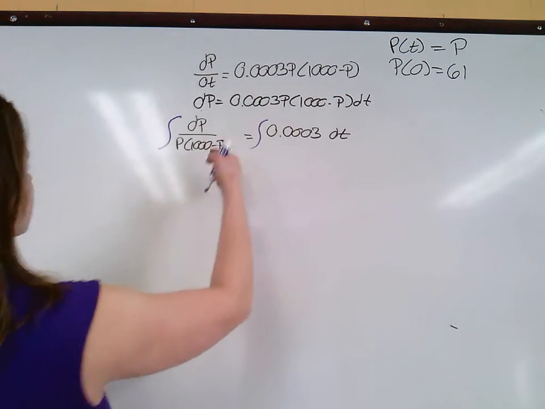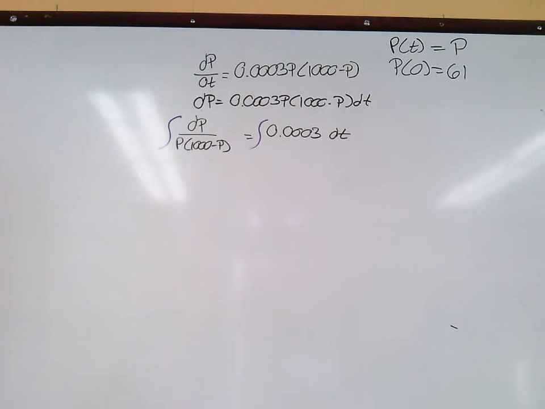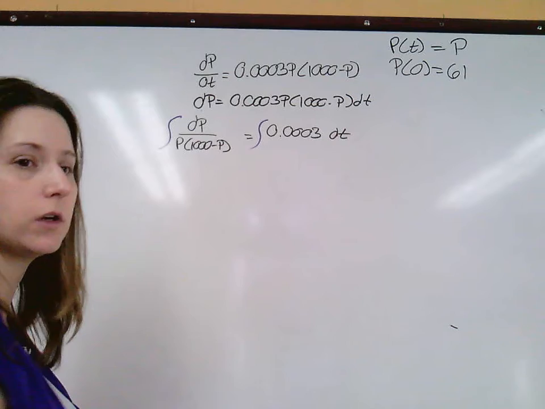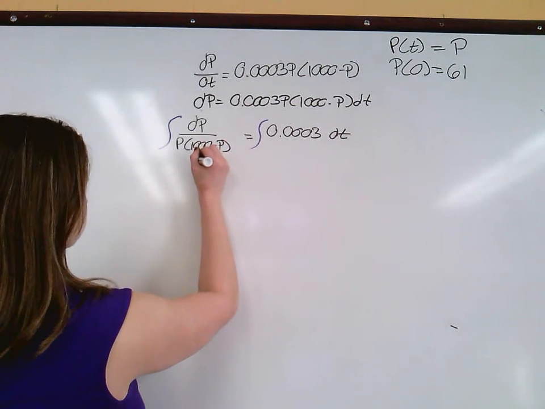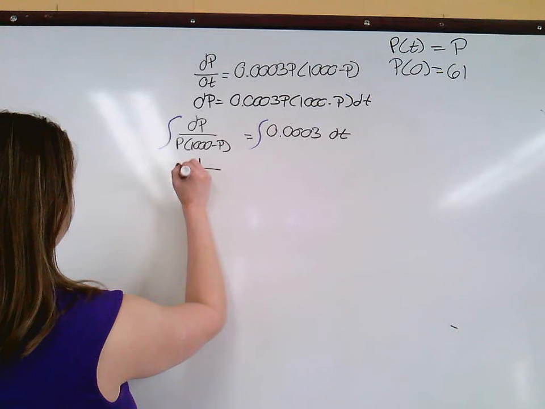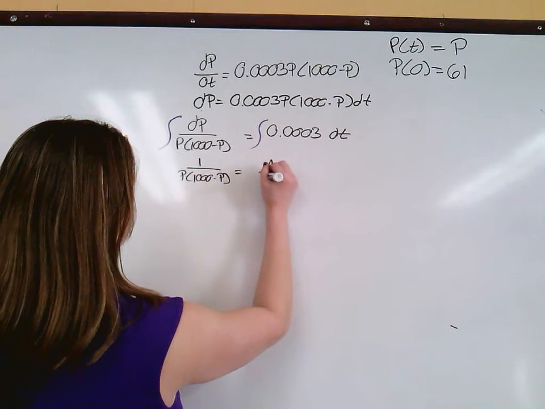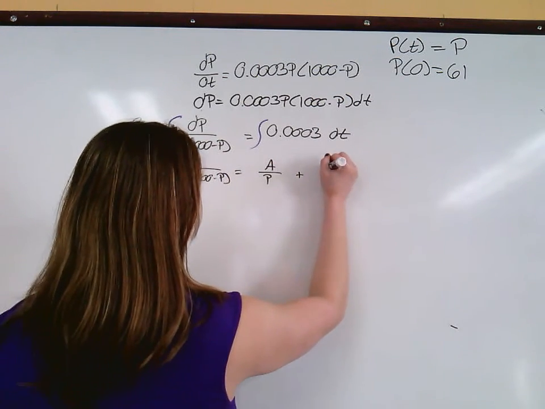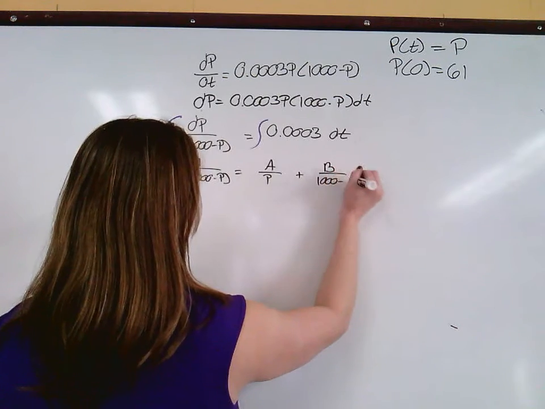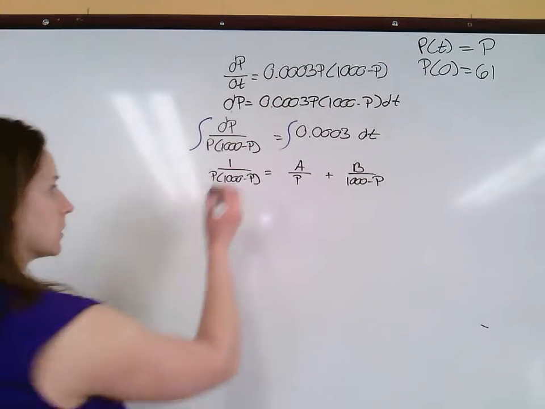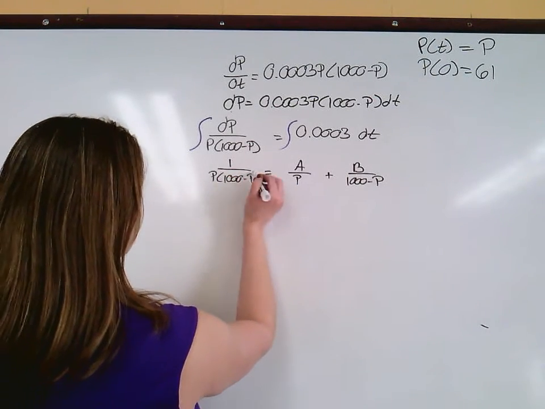So that's what I want to do, but I can't because I have to find what A and B are. I can't use substitution here because of that P right there, and integration by parts is not going to help me either. So I have to break that up. So we got 1 over P times 1,000 minus P is going to give you A over P plus B over 1,000 minus P. Multiplied by the least common multiple, which is going to be P times 1,000 minus P. So that cancels out right there.